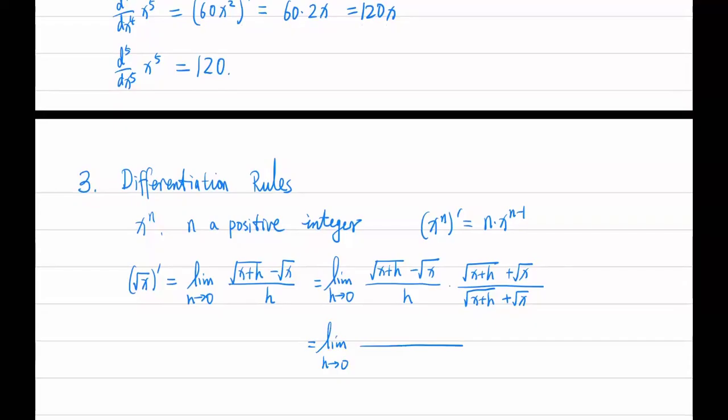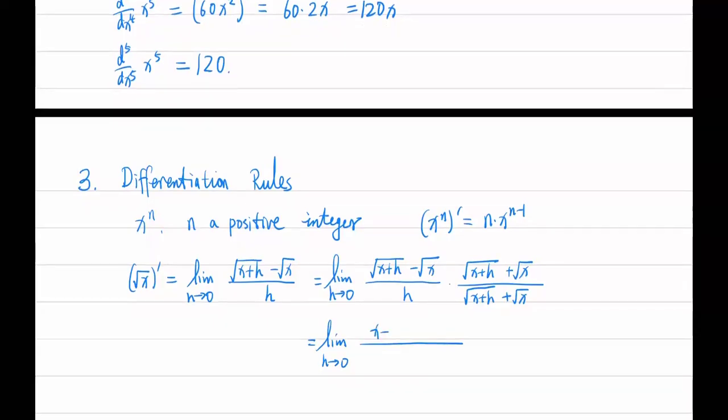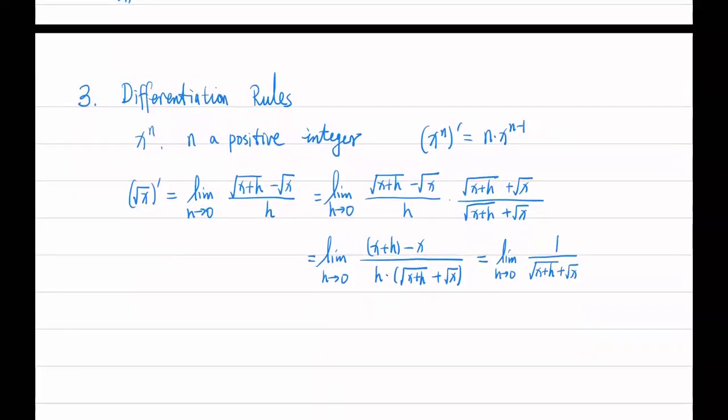The numerator is the multiplication of the difference with the addition, so we have the formula for the difference of squares. So this is the limit. This time we can plug in.